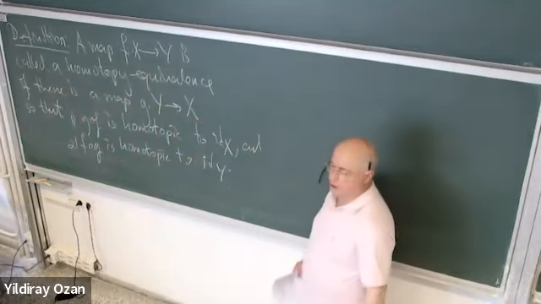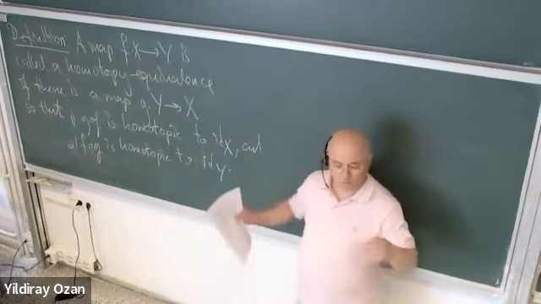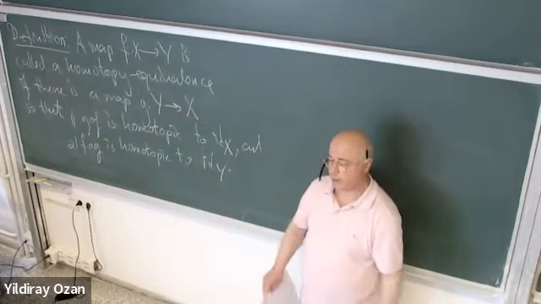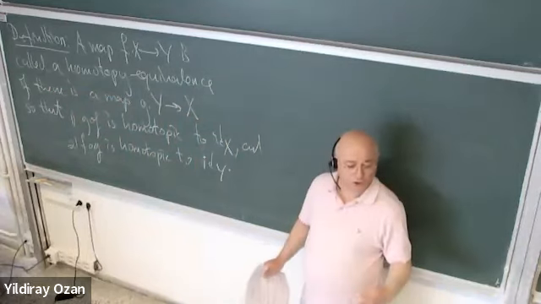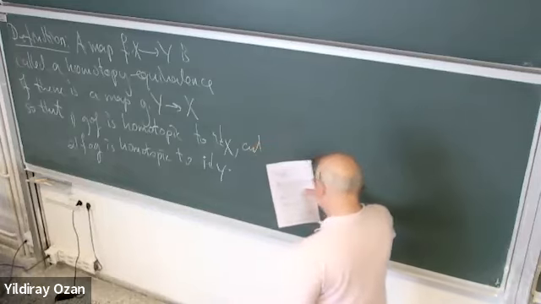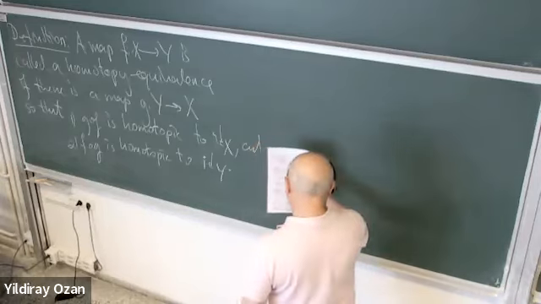Neither F nor G needs to be a homeomorphism. They are just continuous maps, so that the compositions are homotopic to the identity functions.